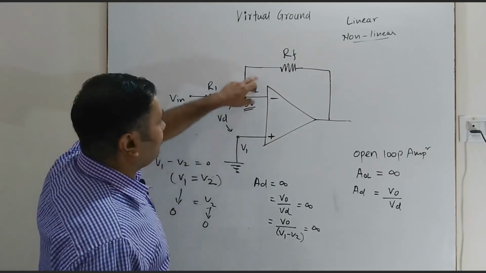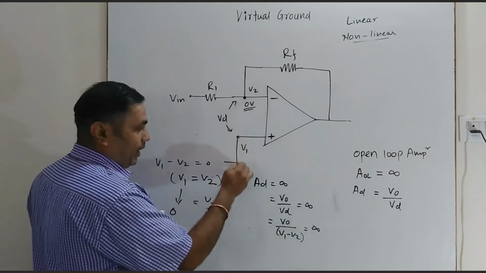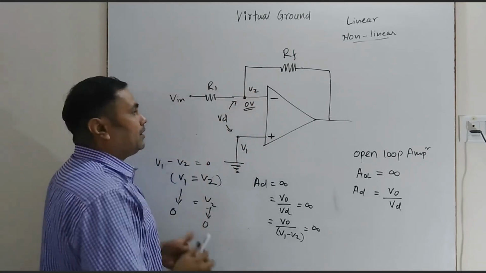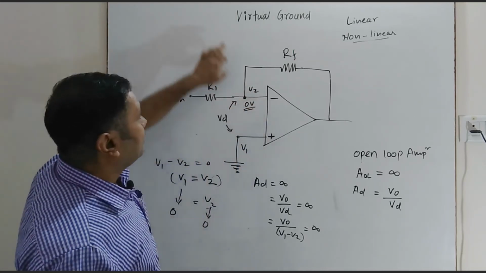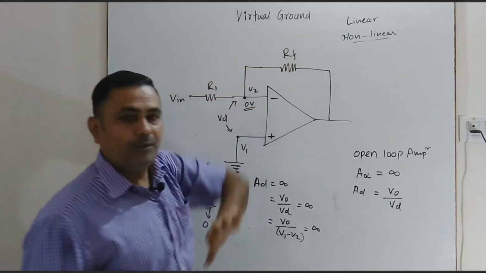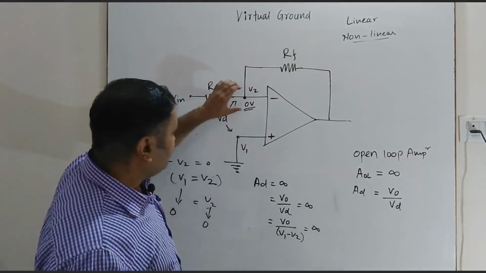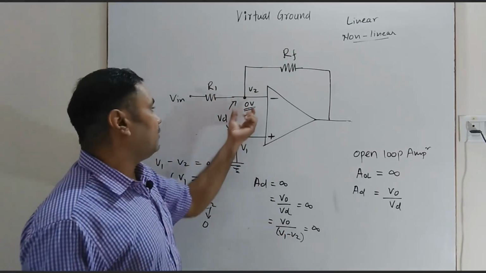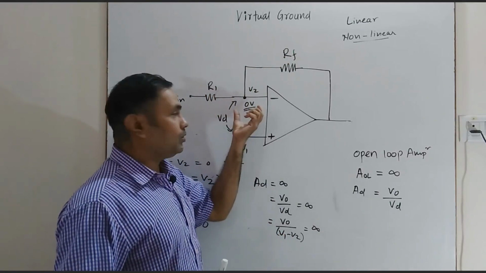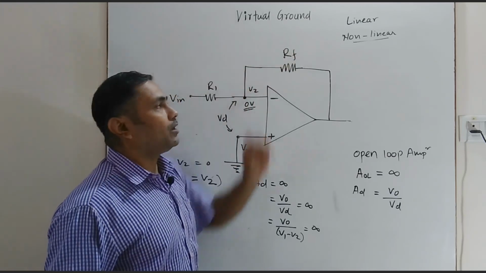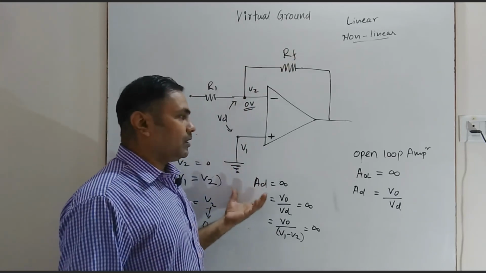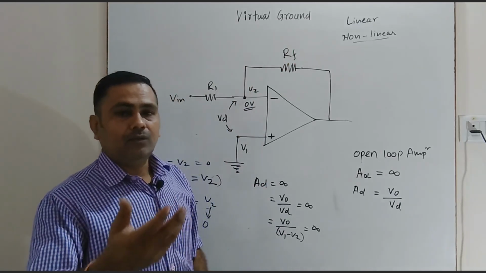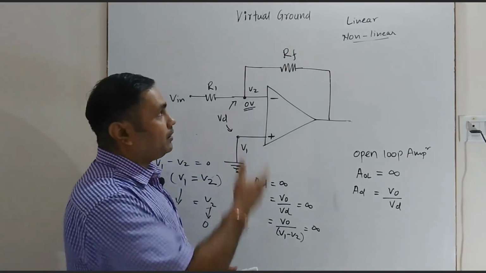So V1 must be equal to V2, and as V1 is connected to 0, obviously V2 will be 0. So we can say that the inverting terminal is at virtual ground. Virtual means it is not actually present. It is behaving like a 0, though it is not connected to ground directly. So this is the concept of virtual ground. And this virtual ground concept we have to use repeatedly for all the linear applications.